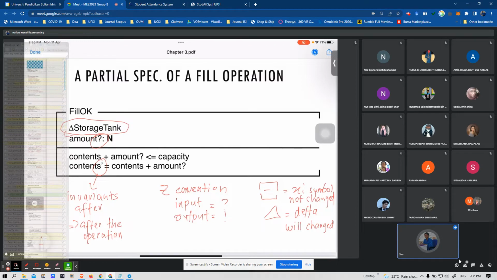Okay, Ahmad Aiman, what does invariant mean? Invariant tu apa maksud dia? Tu kan saya dah terangkan tadi. Kamu tak salin ni? Dah masuk lambat. Kenapa masuk lambat? Kan dah tinggal.